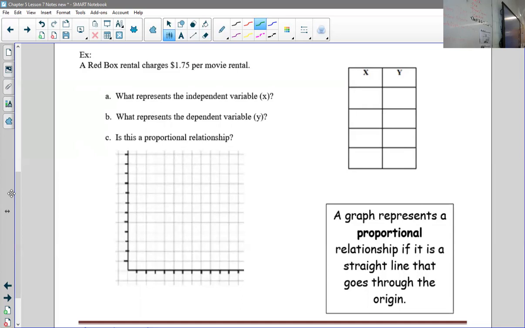So we have to think, what represents the independent variable? X. So I can choose to rent 1 movie, or I can choose to rent 10 movies, or I can choose to rent 30 movies. It doesn't matter. I can choose to rent as many movies as I want. So the number of movies rented is our independent variable.